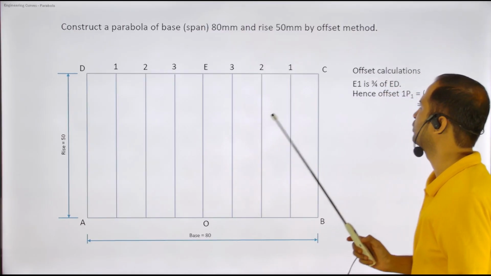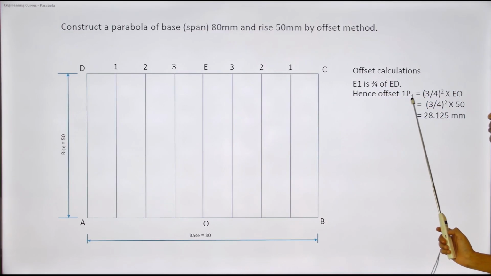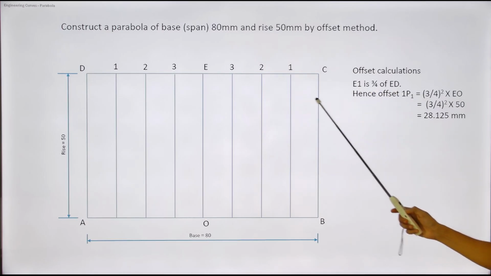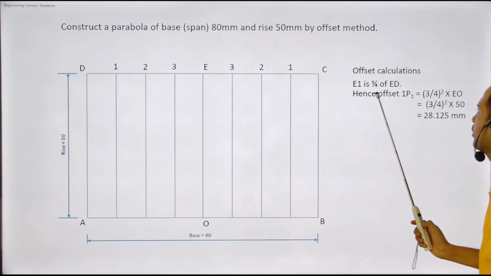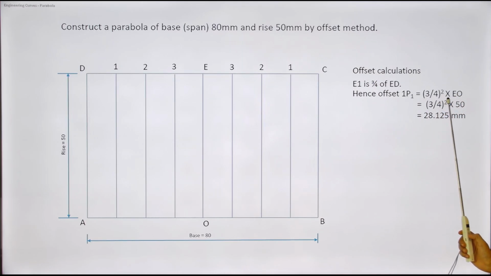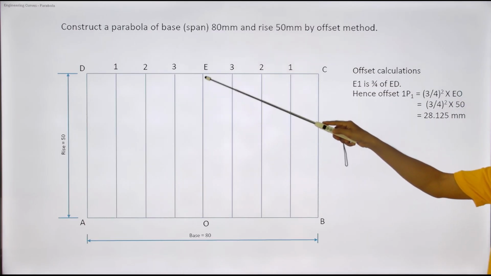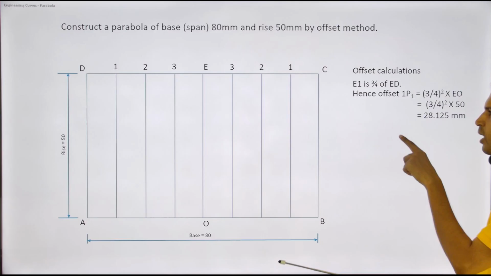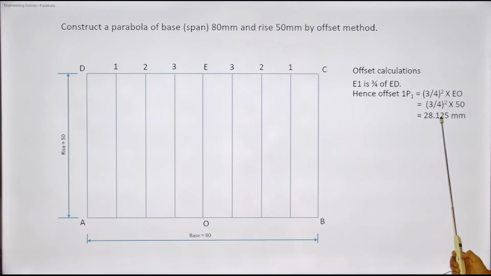So we do the calculations. This is the calculation, 3/4 squared into EO, with the total length, whatever the length is. P1 we have to mark now. That is at a height of 20.